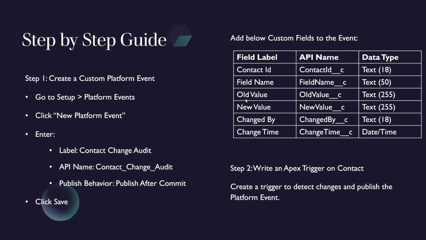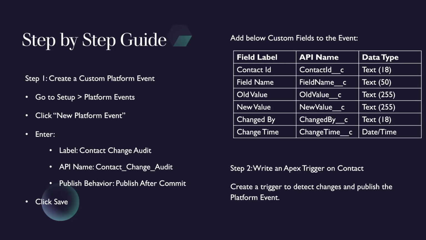The next fields I can create are old value and new value. So basically, these two fields are going to hold the values of the email field before and after change. Then next is who updated the record and the time of the update.